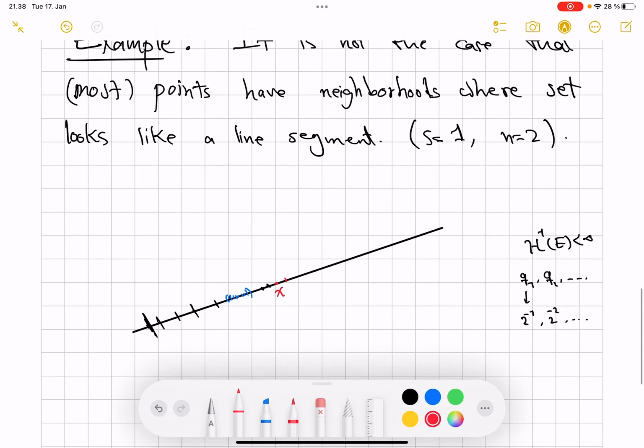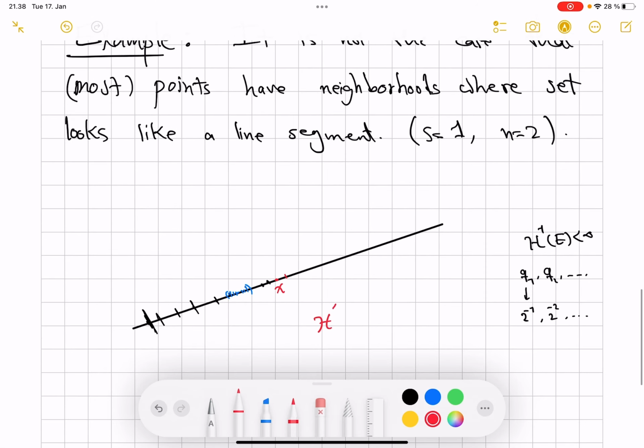So how come you still have this property that if you take a ball around this point with small enough diameter, then H1 of your space intersection with B will be smaller than 1 plus epsilon times the diameter of B, which is just this length?